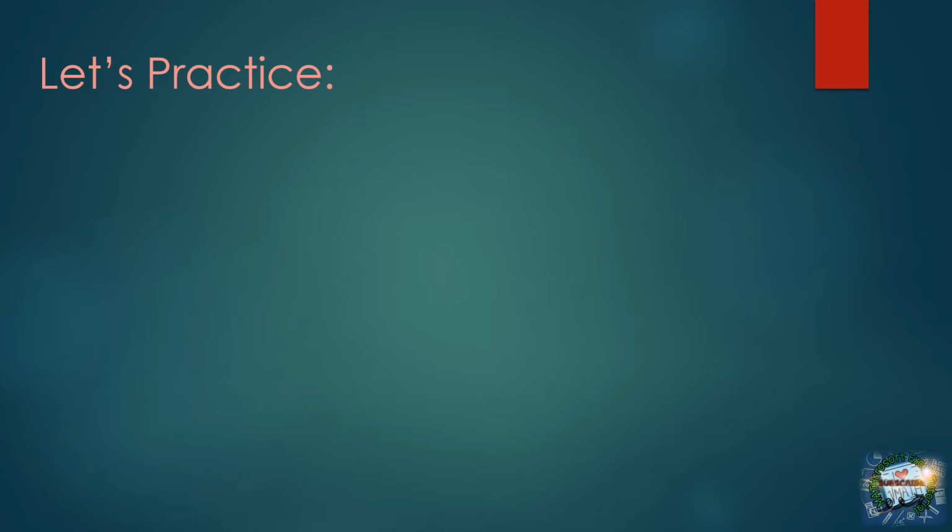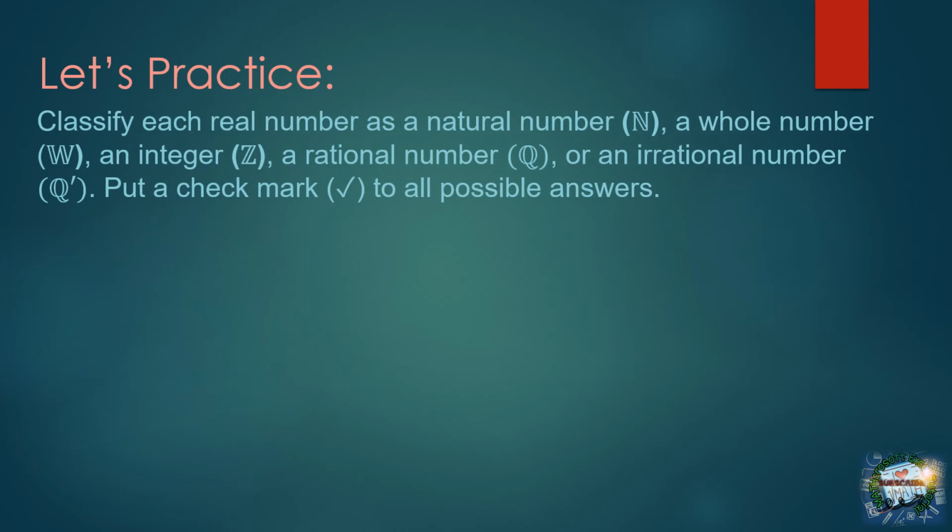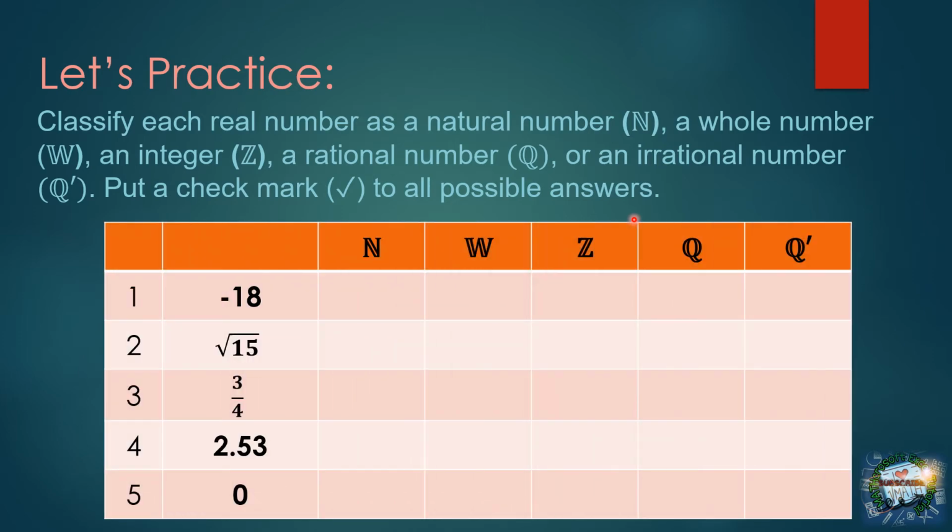So, let's practice. Let's classify each real number as a natural number, a whole number, an integer, a rational number, or an irrational number. Put a check mark on all possible answers. Let's have number 1: negative 18.